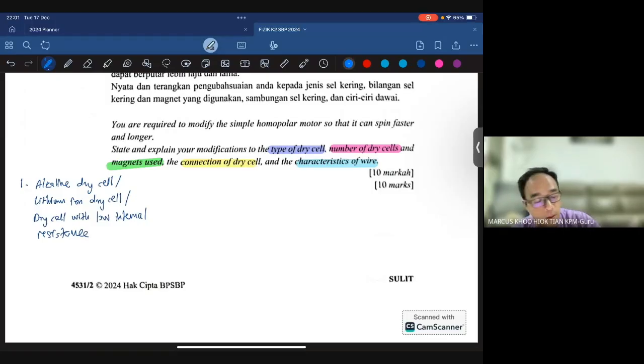If you're going to talk about this, then the reason for this, you can say more force can be produced. Actually, this is quite a standard answer. If you don't want to say more force, you can say more current, because more current means more force.